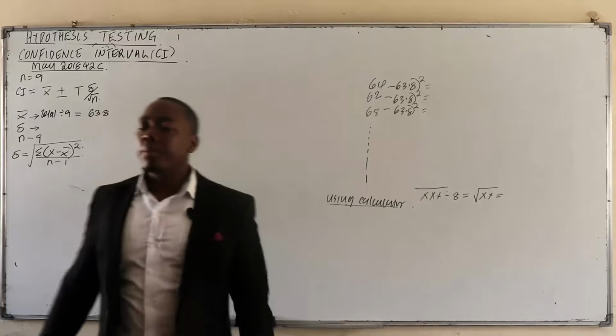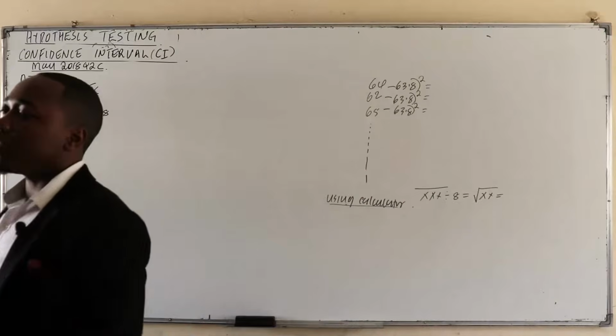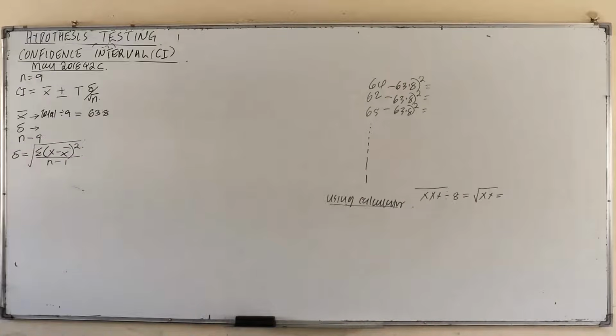Let's repeat again. Press On. Shift, number 2 again. Let me ask you again: did you get 63.8 or did you get 64? That's what you are getting?